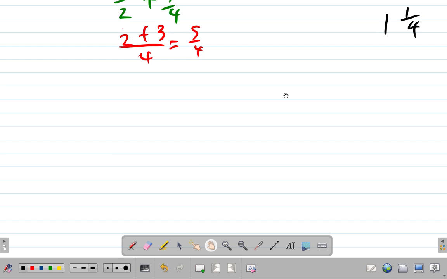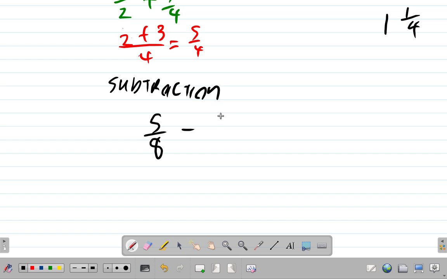Now suppose you want to subtract fractions. If we just quickly do that, the same rule you follow. Suppose you have 5/8 minus a quarter. Use a common denominator.